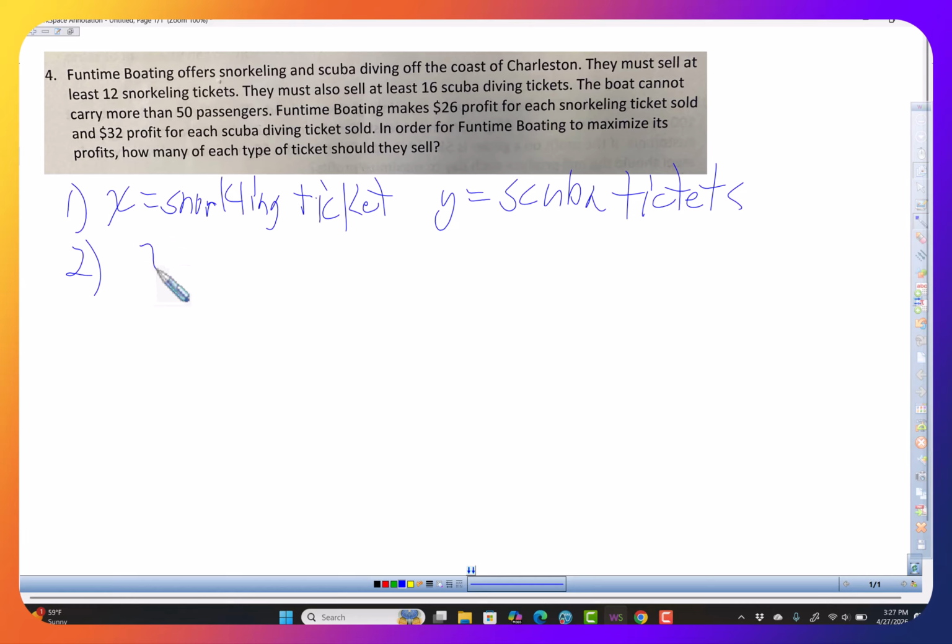They told us X has to be greater than or equal to 12. Y, which is scuba tickets, has to be greater than or equal to 16. And the boat cannot carry more than 50 passengers, so that's X plus Y equals 50.